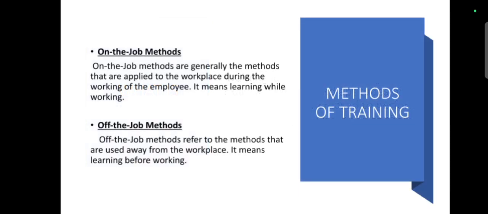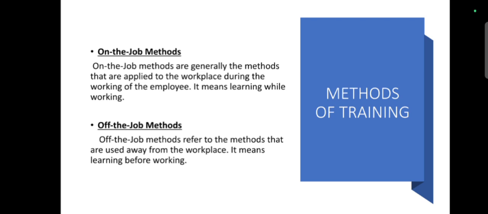Moving further, there are basically two broad methods of training: on the job methods and off the job methods. On the job methods are generally those methods that are applied to the workplace during the working of the employee itself. It means learning while working.